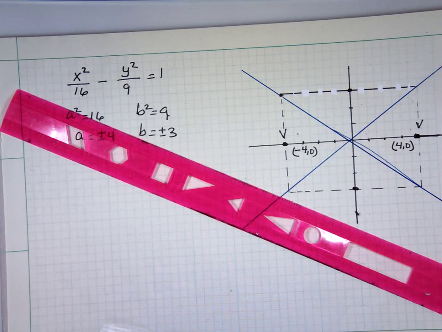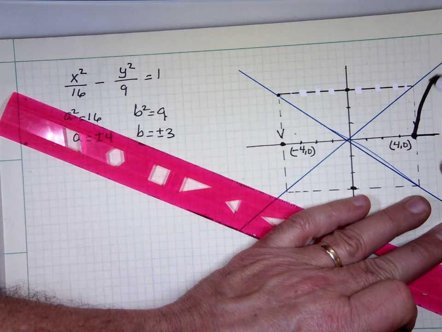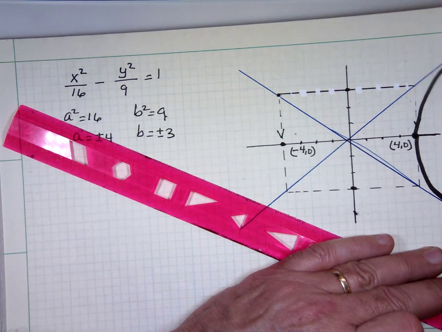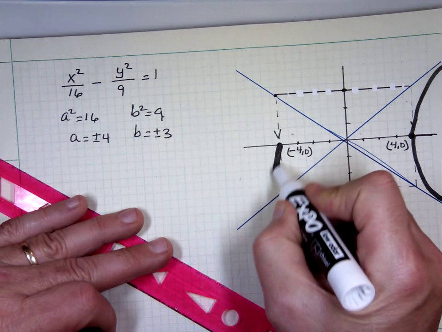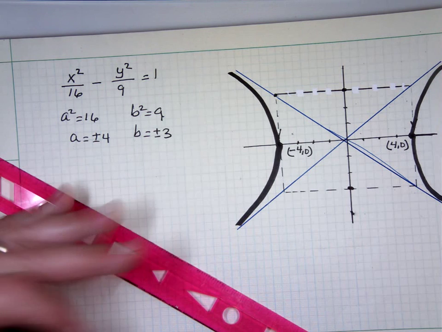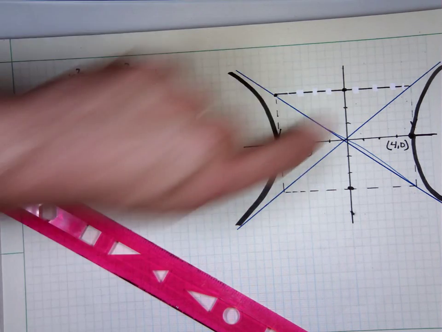So my graph, we know the vertex is going to go through this point, and it's going to approach that line. So that tells me how tight or how wide the graph is going to be. That's the significance of the box. You're approaching this line. That's your asymptote.